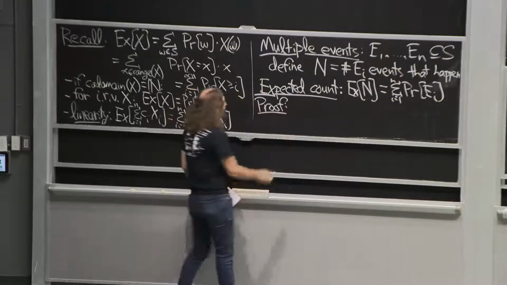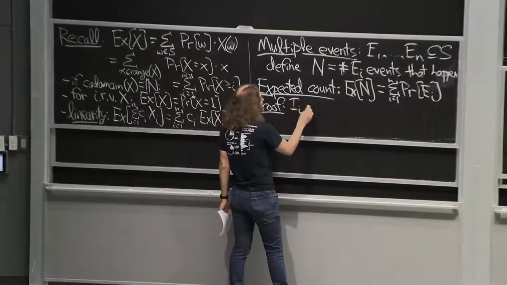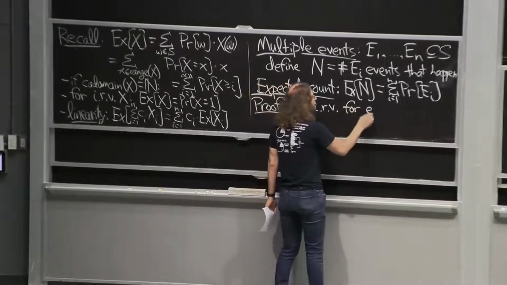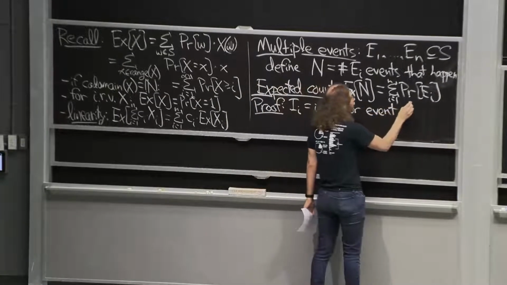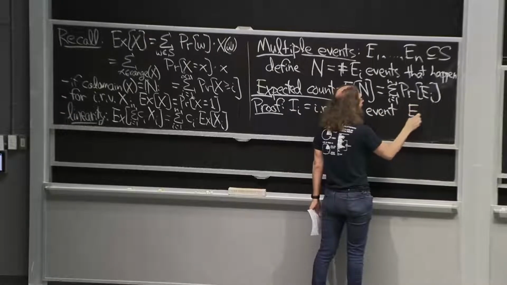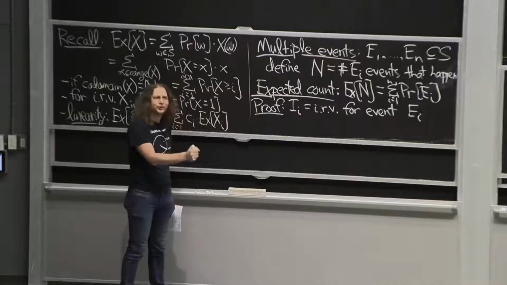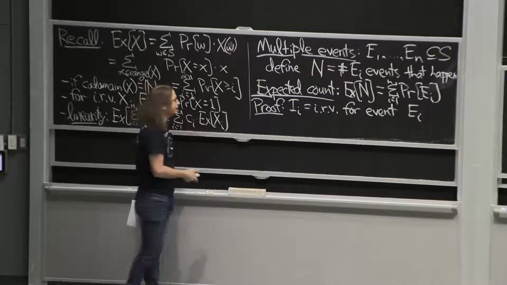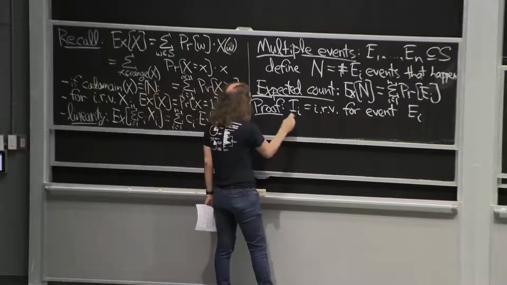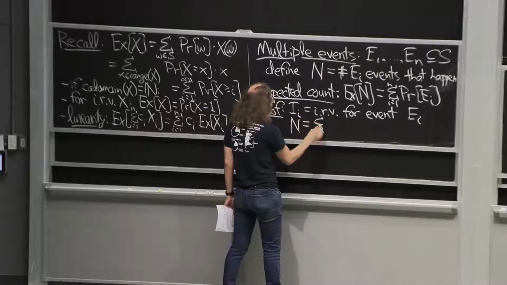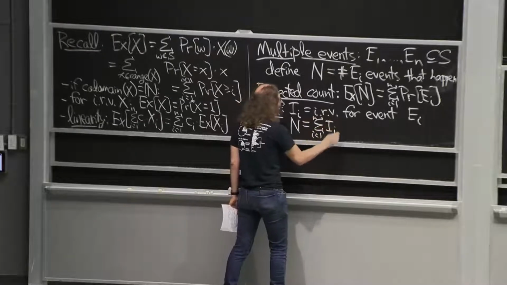Let's define an indicator random variable I sub i for each event. And that is counting, among all the events that are known as Ei, there's only one of them, how many of them occurred, 0 or 1? Did it occur or not? So then N is going to be just the sum, i equals 1 to n, of I sub i.